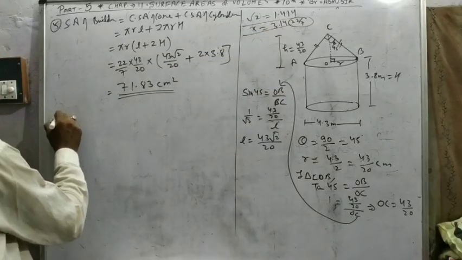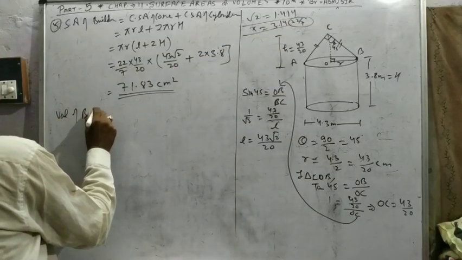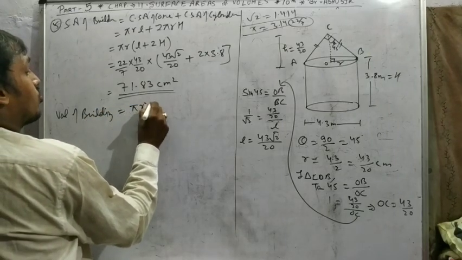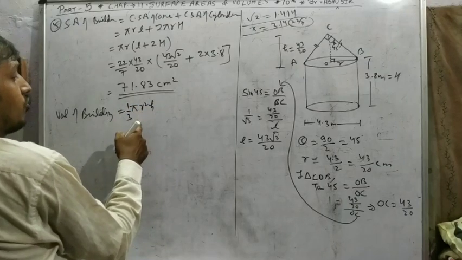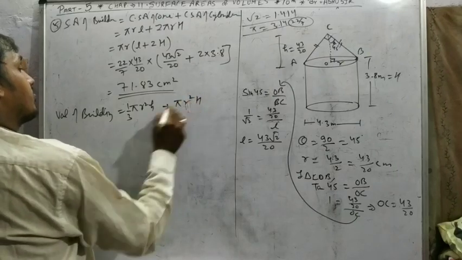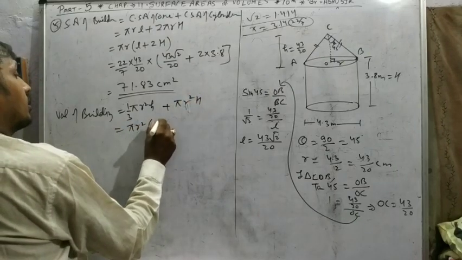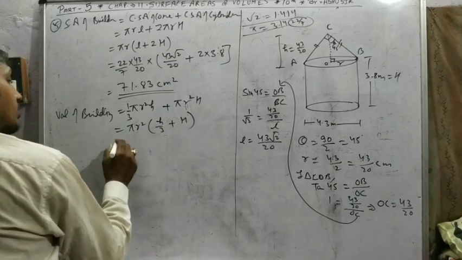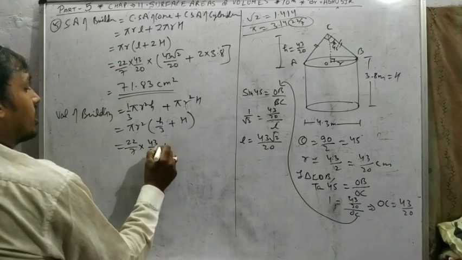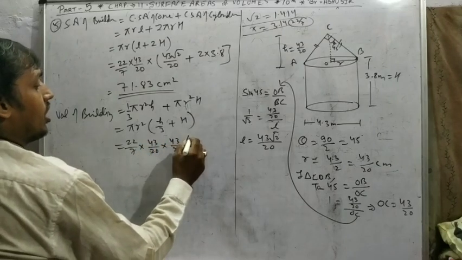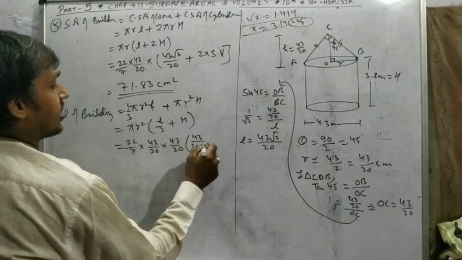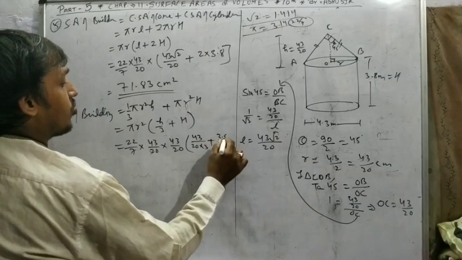Then we find the volume of the building, that is volume of cone plus volume of cylinder: pi r square h by 3 plus pi r square h. Radius is the same, pi r square common, h by 3 plus h. 22 by 7, 43 by 20, 43 by 20, and the value of h? 43 by 20 into 3 for the cone, and this h is 3.8.